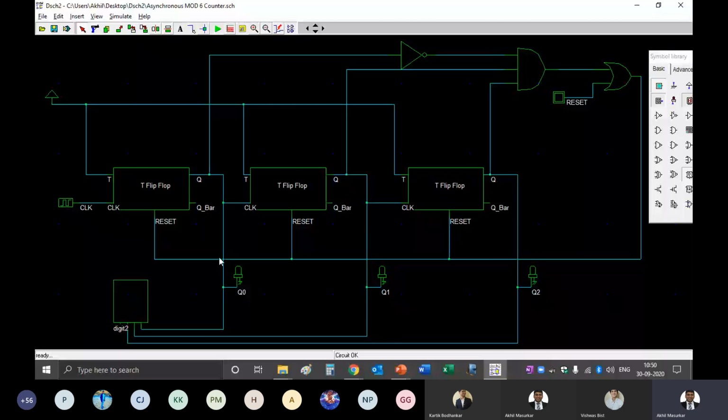So the NOT gate and AND gate at the top are detecting that 6, that invalid state, and at 6 it resets the flip-flop back to 0. So it again counts from 0 to 5. So once you are done with this, you can just type in the chat box mod 6 done.